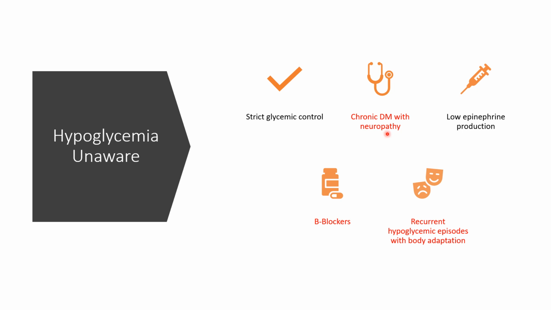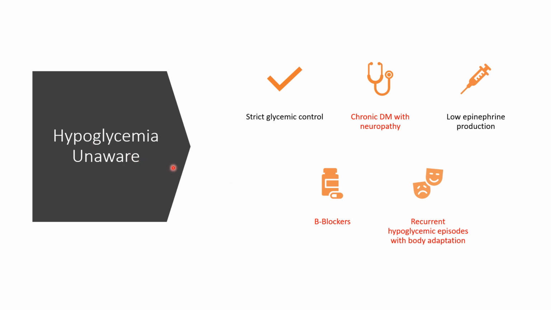So they don't feel it so much, or they have low epinephrine or adrenaline production, or they are hypertensive and on beta blockers, or on beta blockers for something else, and then the level of glucose is down in them because they are on other medications for diabetes mellitus, or they are not eating well. They may not know, because these beta blockers will block the adrenergic symptoms. And without adrenergic symptoms, they will not know before they go downhill to neuroglycopenic symptoms, and then from there into coma and death.